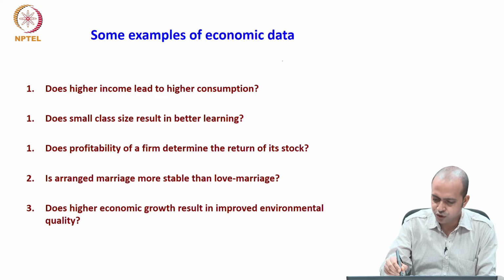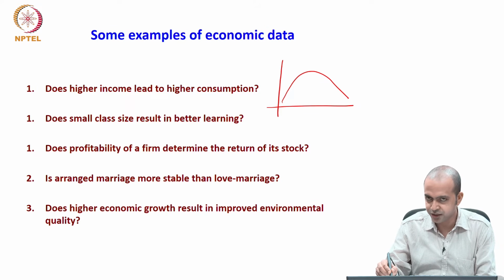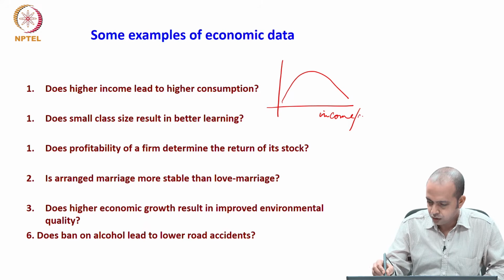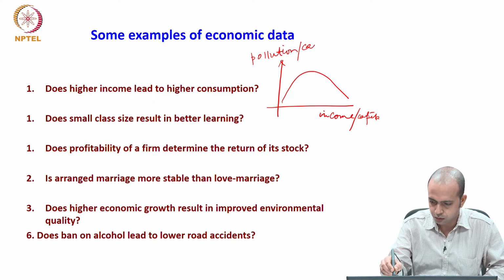So, basically you may think about an inverted U-shaped relationship between, let us say, on the x axis we are measuring income per capita, and here this is pollution per capita.